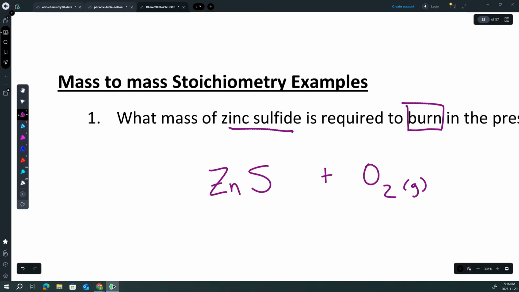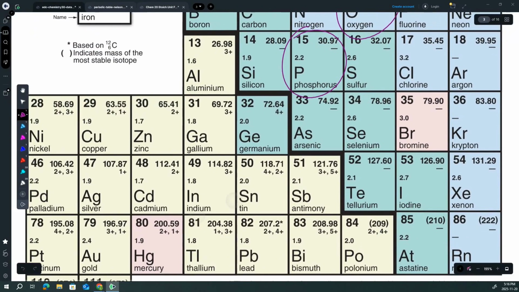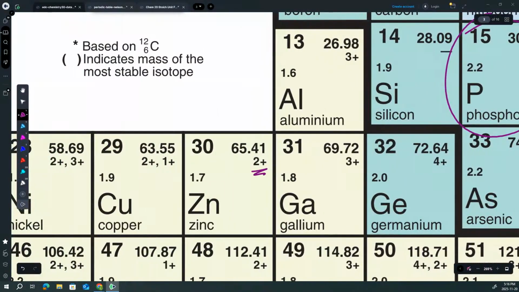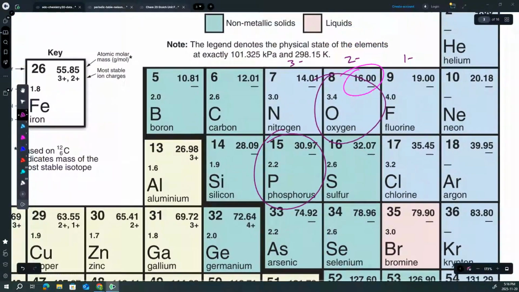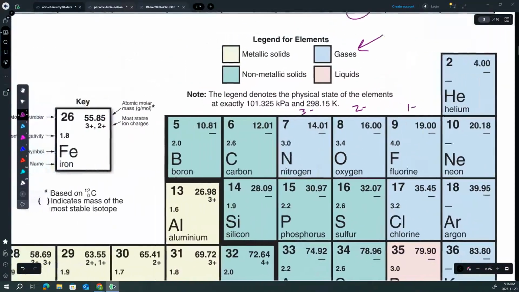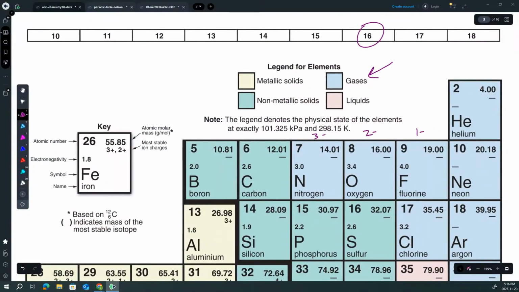Now with zinc, let's see what charge it likes to have. Zinc likes to have a charge of +2. And then sulfur, which is right here, because it's part of group 16, likes to have a -2 charge.